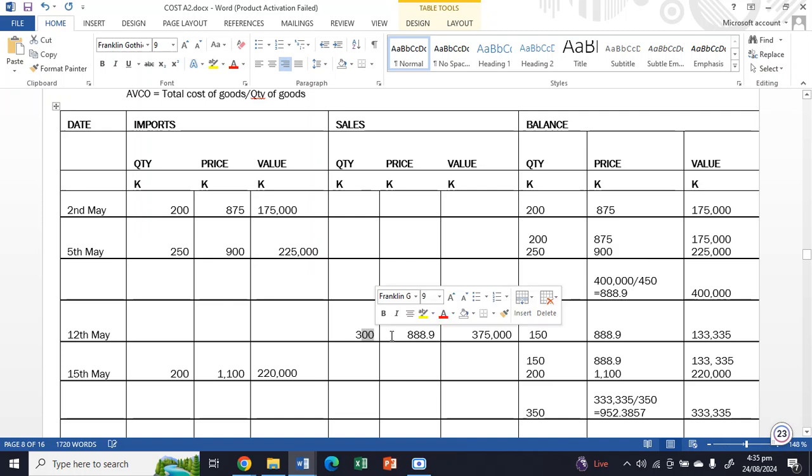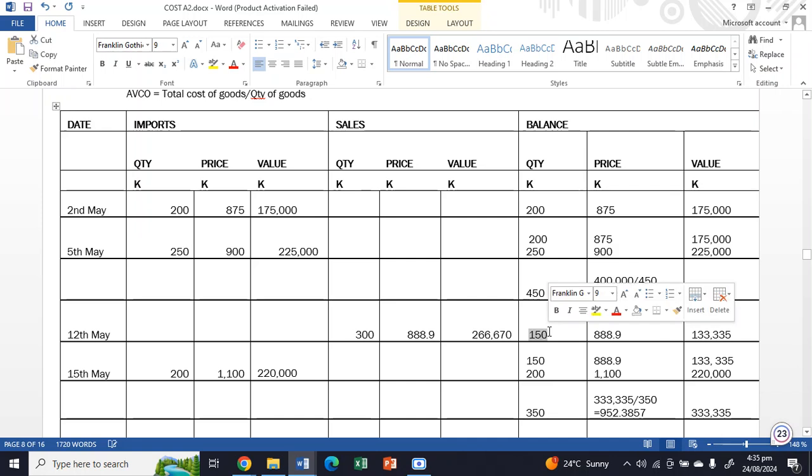So you're going to say 300 times 888.9, 266,670. So we've remained with 150 solar panels valued at 888.9. When you multiply these two numbers, you get 133,500.